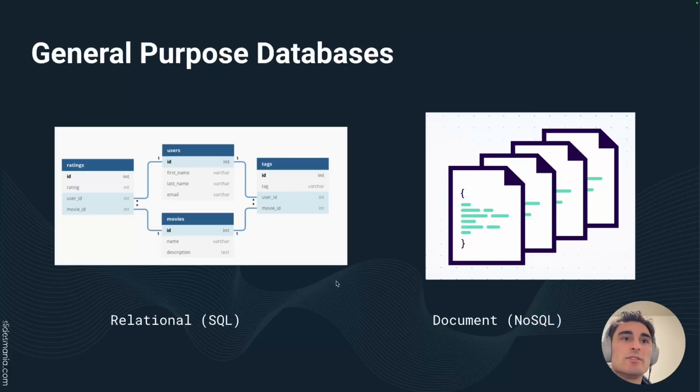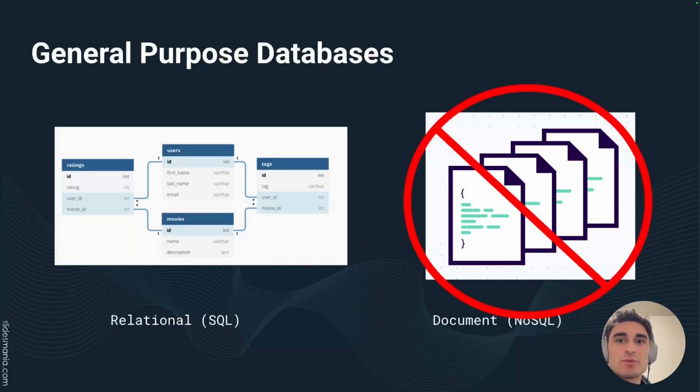And especially if we want to use these data tables and the types that we can infer from them elsewhere in our application, we really need to have structured data when we write to our database. So that's why we're going to show you and recommend using relational databases unless you have a very specific reason to use a NoSQL database.